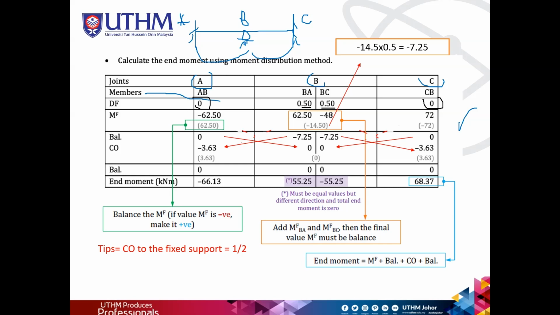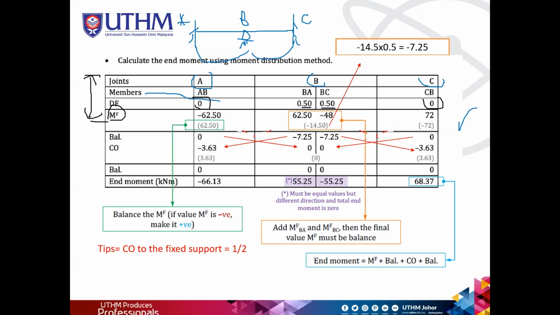And then moment F is the fixed end moment. This one we already calculated at the first steps. So we got negative 62.5 for AB, and for BA the fixed end moment is 62.5. Fixed end moment for BC is negative 48. So basically these values we can find.